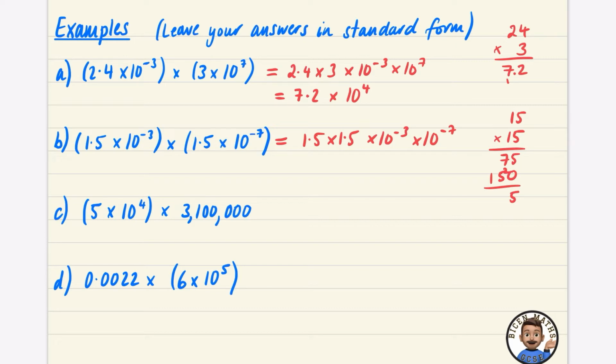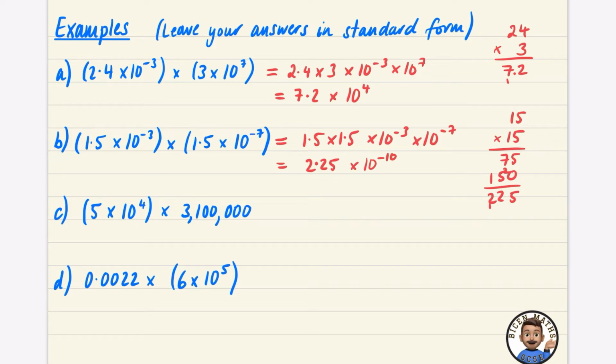When I add these together, I get 225. But it's not going to be 225. The decimal point will be 2 places in. So it's 2.25 times 10 to the power of minus 3, adding on negative 7. That gives you negative 10.